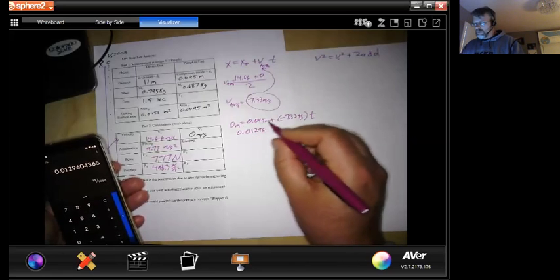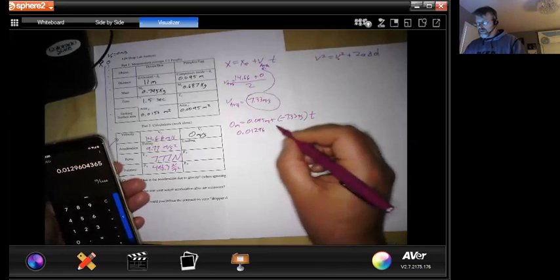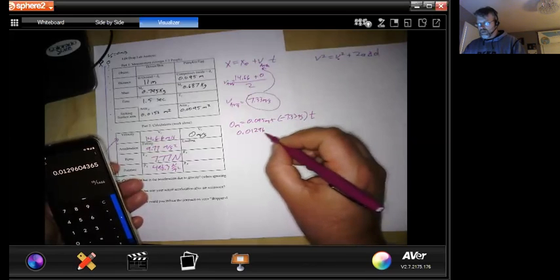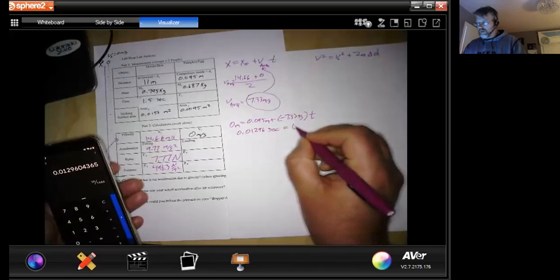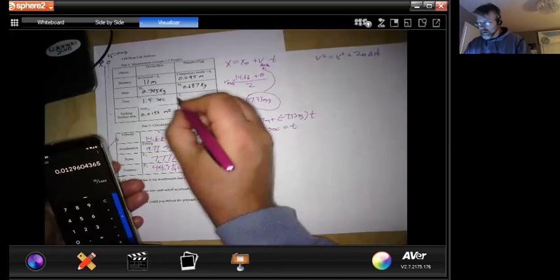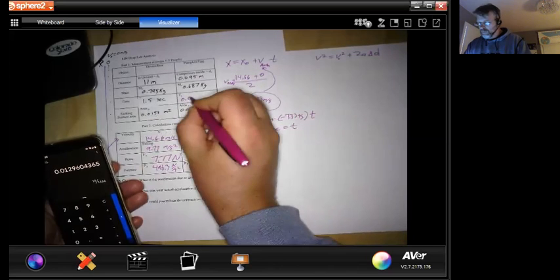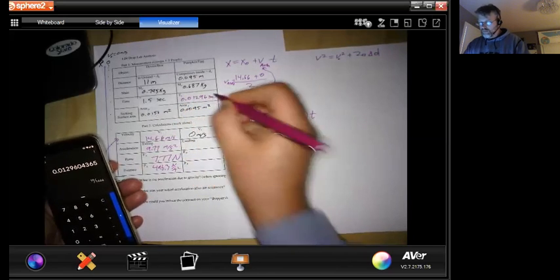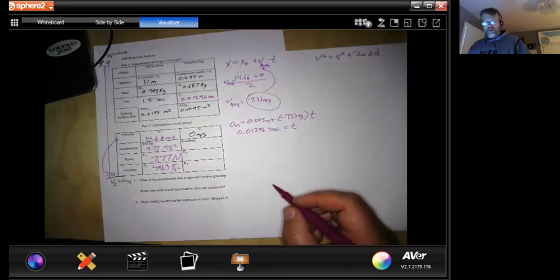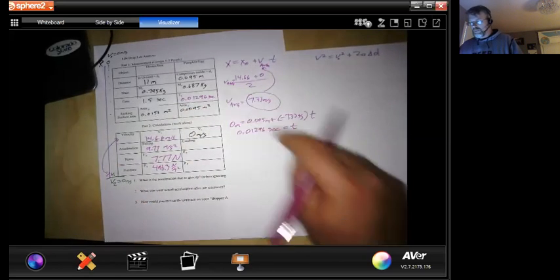Notice a lot of these numbers are going to get eliminated. I just don't want to keep chopping off numbers that have a little bit of meaning right now. So that equals our time, 1, 2, 9, 6. All right, so now we know the time.